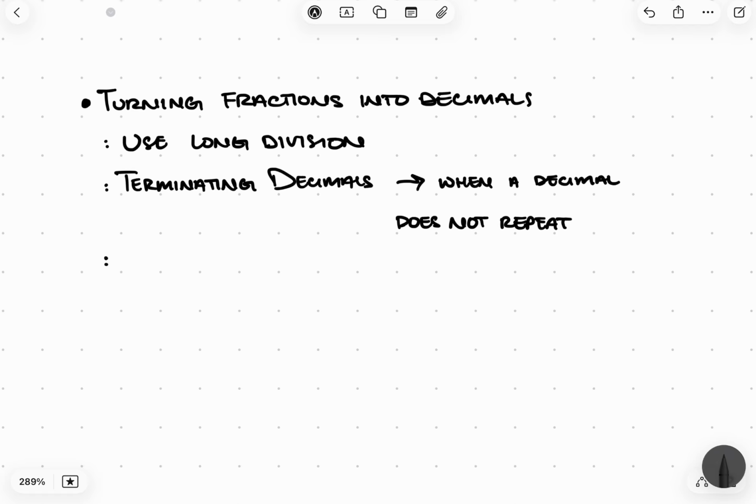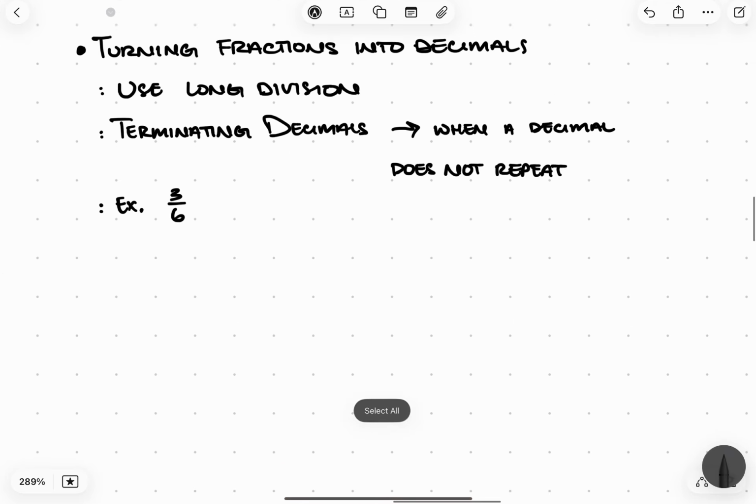So we're going to do an example. And let's say you want to do the number 3 out of 6. Okay, and so you're going to turn it into a decimal. So the first thing that we're going to do is simplify, if possible.